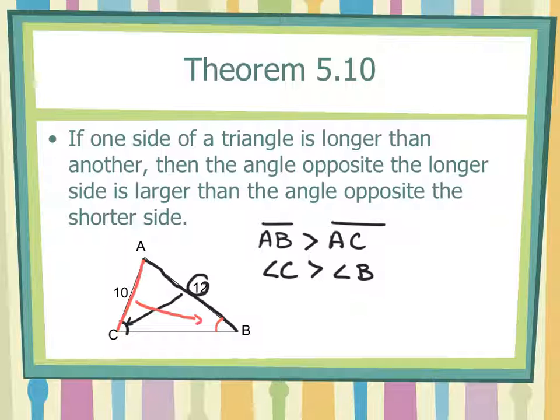AB is across from angle C. AC is across from angle B. So what do I know about those two angles? That angle C has to be bigger than angle B. And we showed that with that triangle. The longer that side got, the bigger the angle across from it got. The smaller that side got, the smaller the angle across from it got.